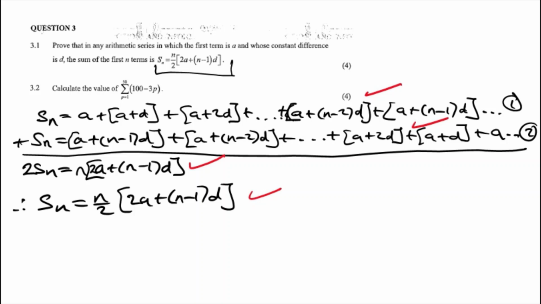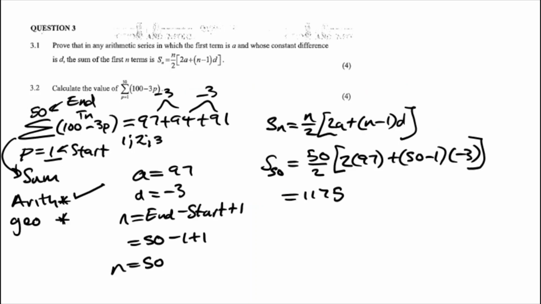Now guys, I have to say this is free marks. Now remember, if you can just know how to write the series in the right form, then writing it in reverse would be easy. Adding them would be easier, and then dividing by 2, this is a free 4 marks. Let's just go to the next question.